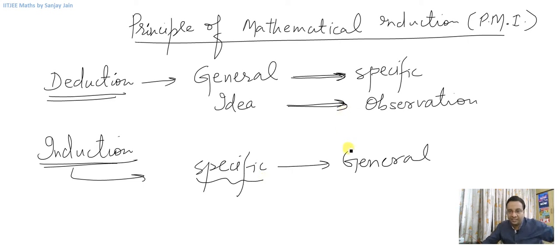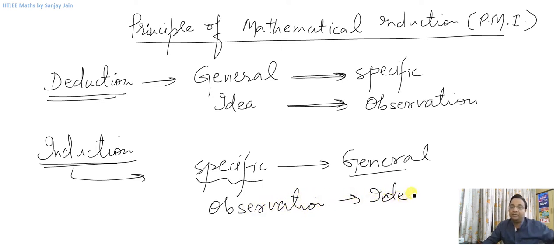So we reach at a general idea. So we go from an observation to an idea based on those observations, right? So you observe something, then you observe the next thing, and then you see that there is a chain reaction, that if this happens, the next will certainly happen. Then you build an idea out of that. So this is induction. Now in this chapter we are going to study about principles of mathematical induction.